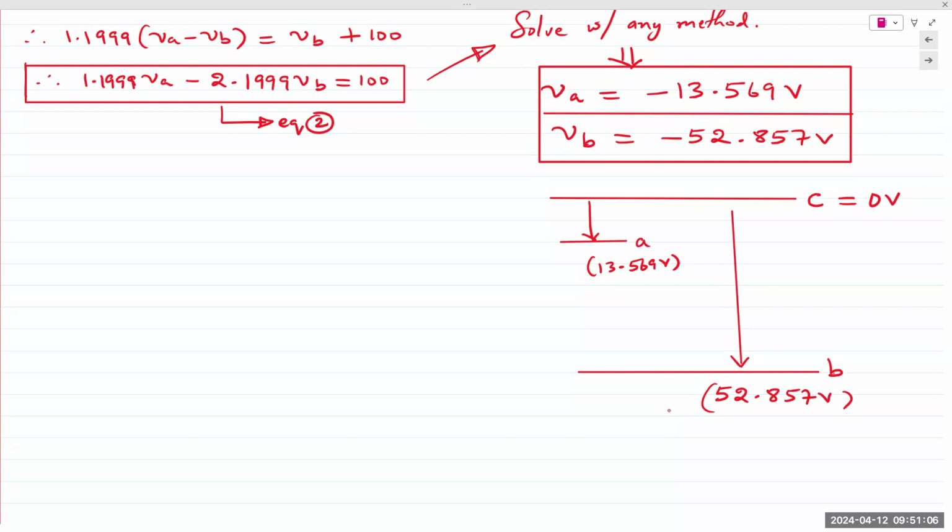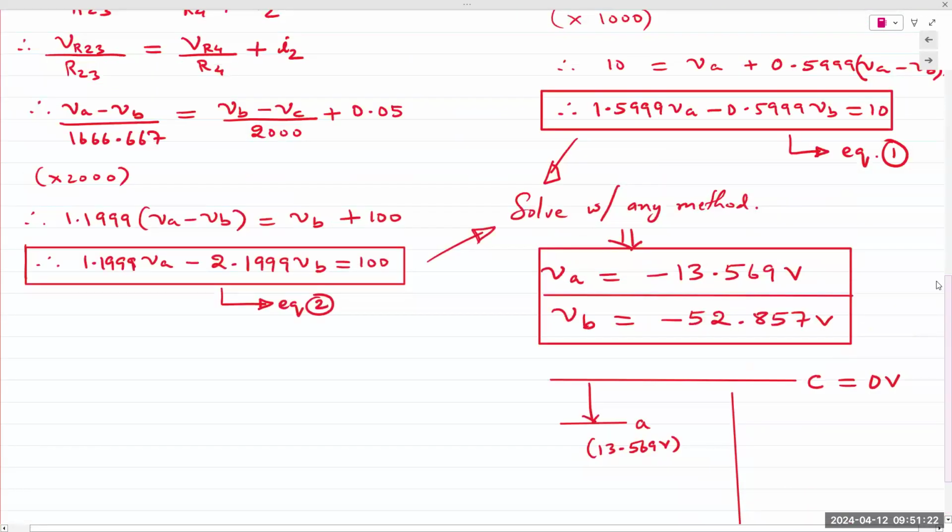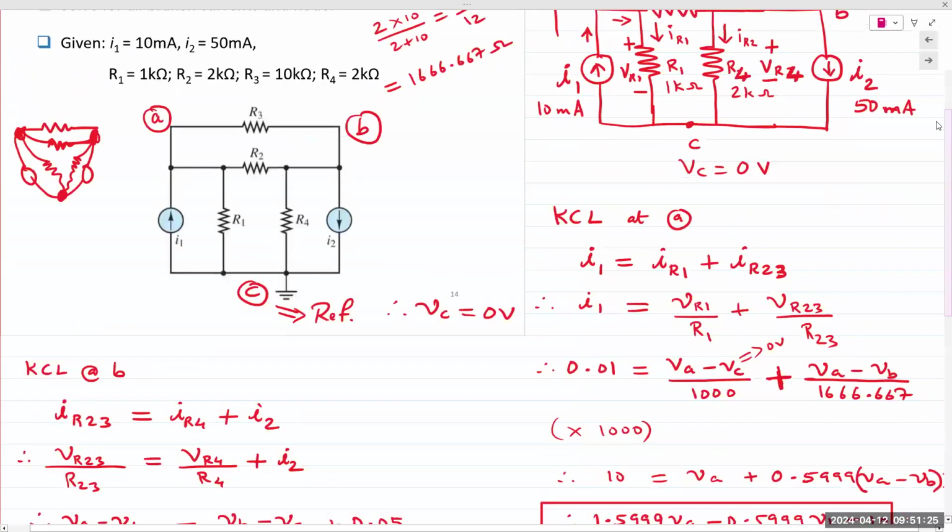Well, no, not quite, because these are still node voltages. They are not resistor voltages. We can calculate the resistor voltages from these node voltages. So for instance, if we go back to the diagram, R4 is between node B and C. So you would plug in the values of B and C in there, VB minus VC.